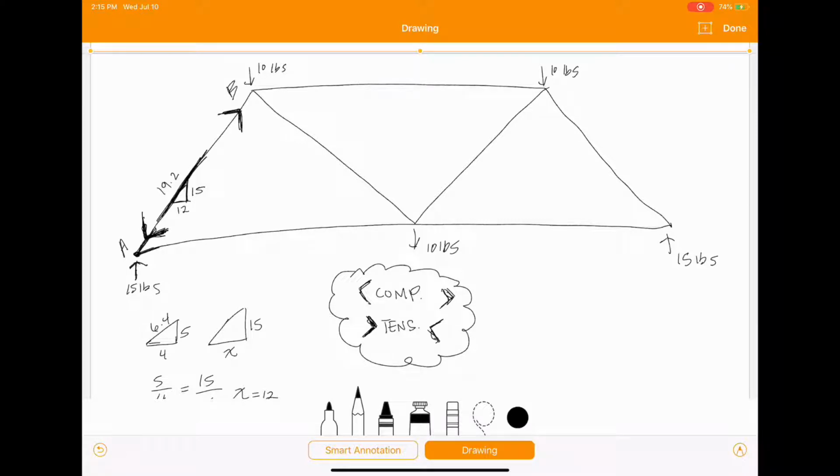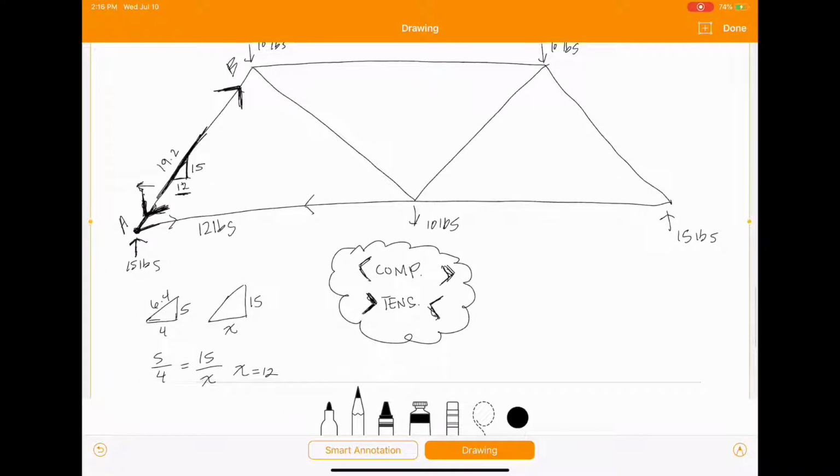So now we can again come down, look at A. Now that we have this arrow in place, we can see that there's 12 pounds going to the left. So to equalize that and create equilibrium, we need 12 pounds going to the right. So we know that the force in AE is going to be 12 pounds.